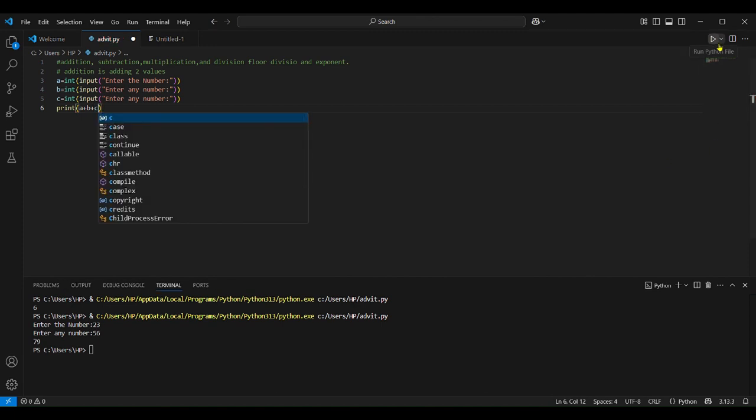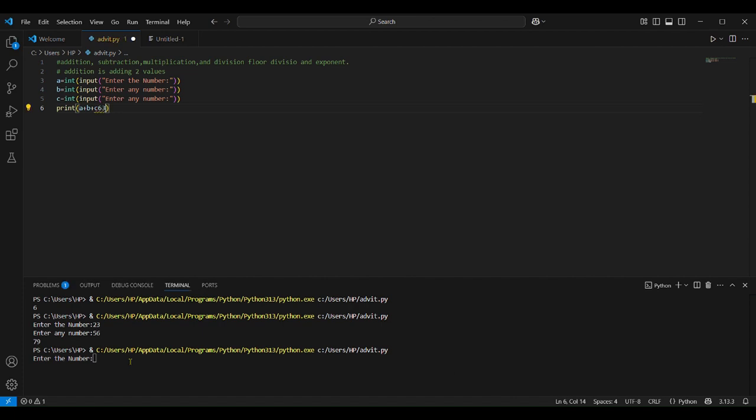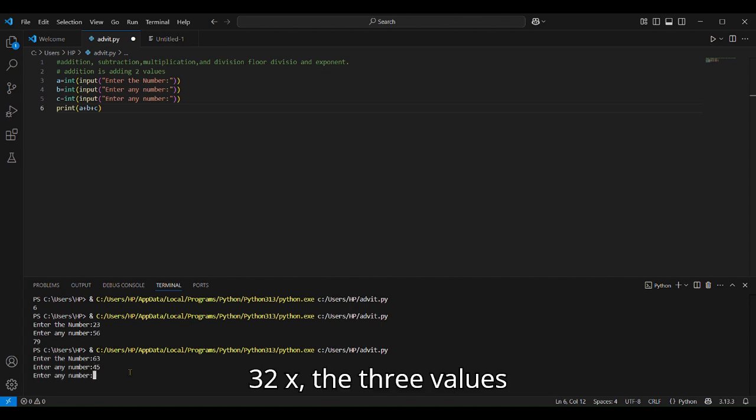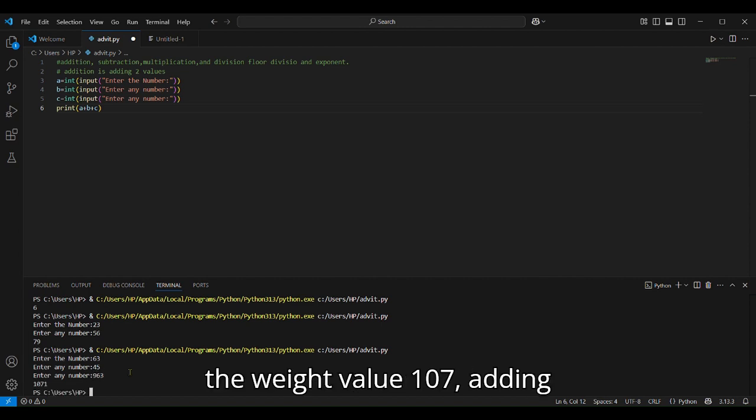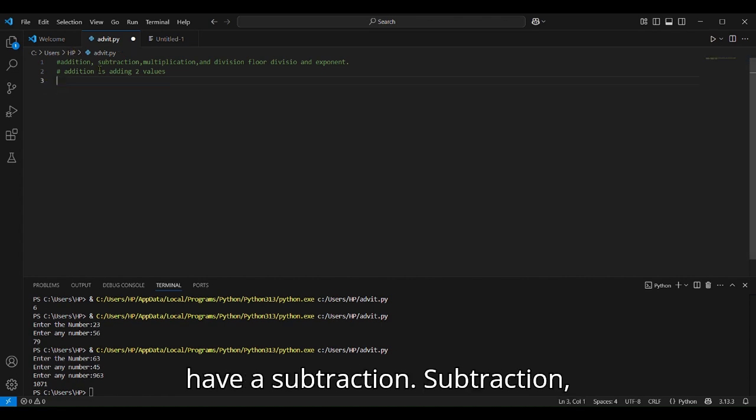It will take three values, 53, 45, and 90, and assign the values. Then adding them gives the total. This is addition, and the next is subtraction.